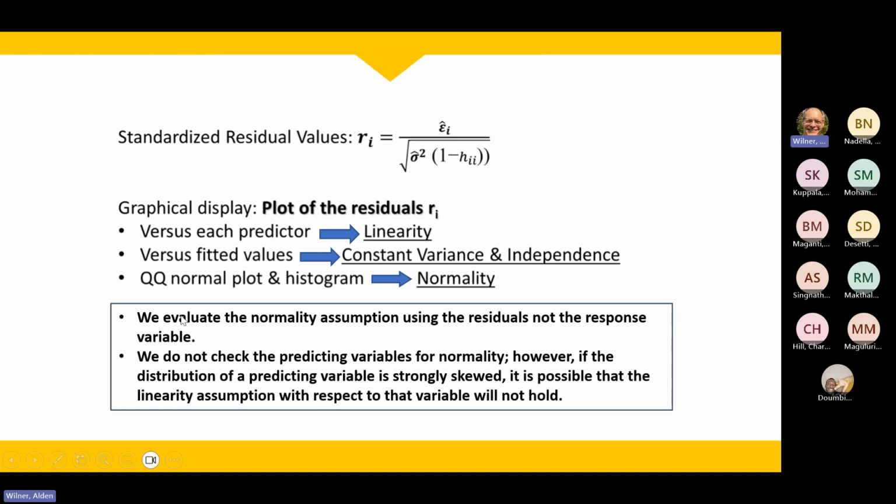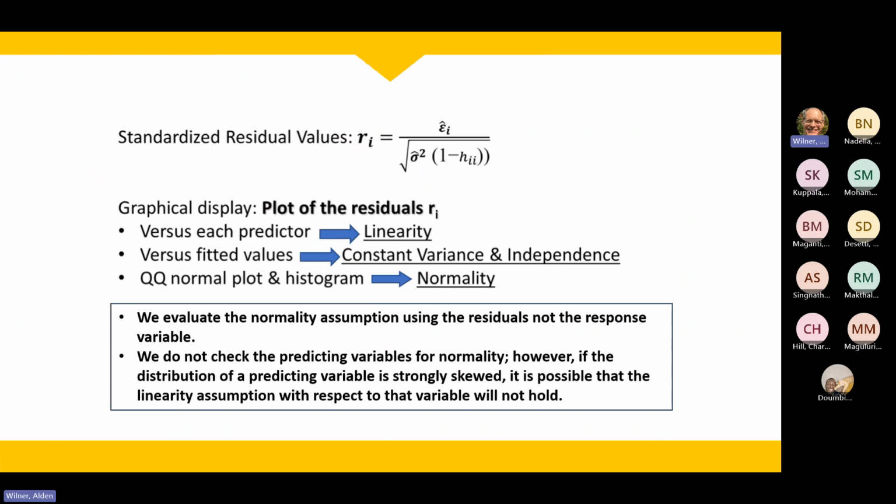So we're going to evaluate the normality assumption using the residuals of the response variable, not the response variable itself. We're looking at how far away things are from the regression line, the residuals specifically, right? We're not going to check the predicting variables for normality.